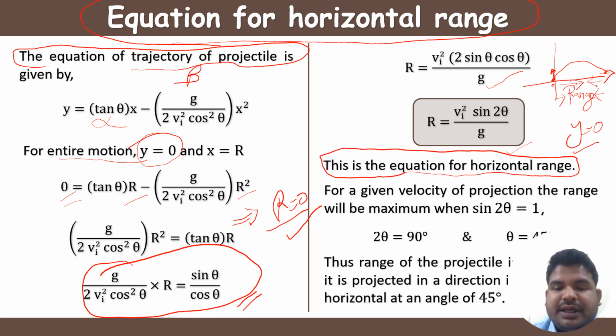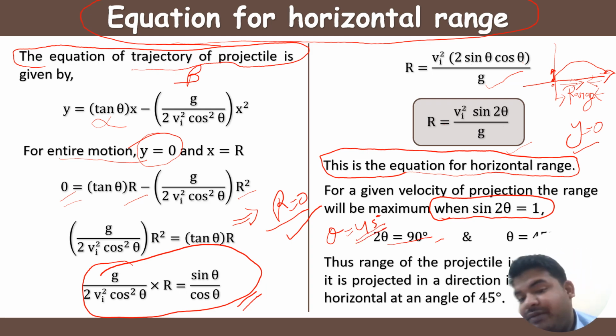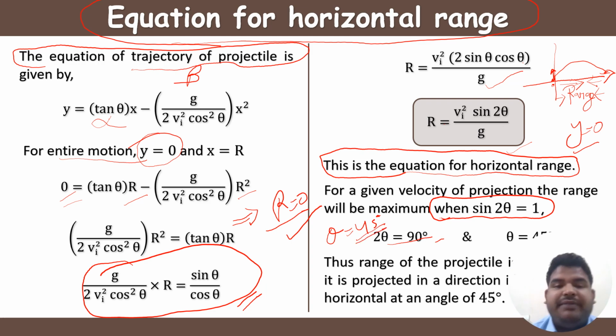For a given velocity of projection, the range will be maximum when sin 2 theta is equal to 1 and 2 theta is equal to 90 degree, then theta is equal to 45. For maximum range, the angle of projection should be 45 degree.